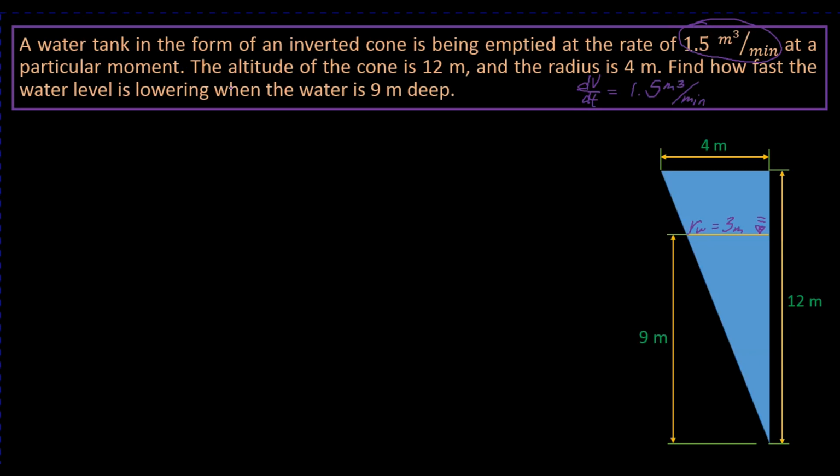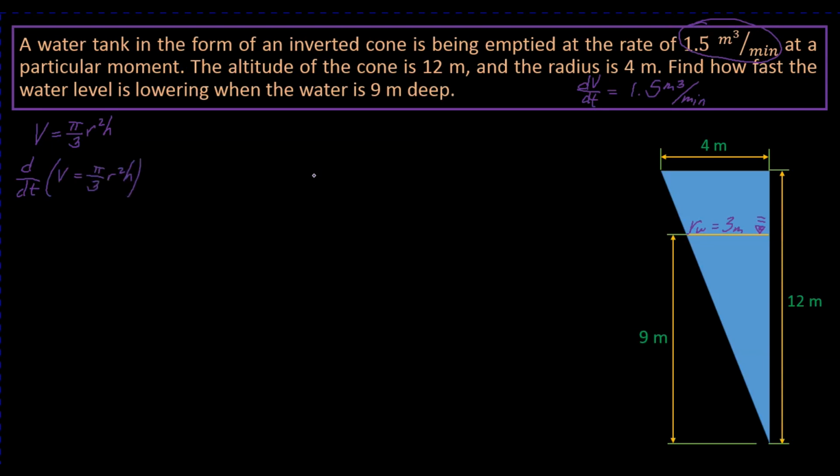So again, let's rewrite the formula for the volume of the cone, which is also the volume of the water because water assumes the shape of its container. The variables volume, radius, and height are changing, so we're going to take the derivative of the function with respect to time.